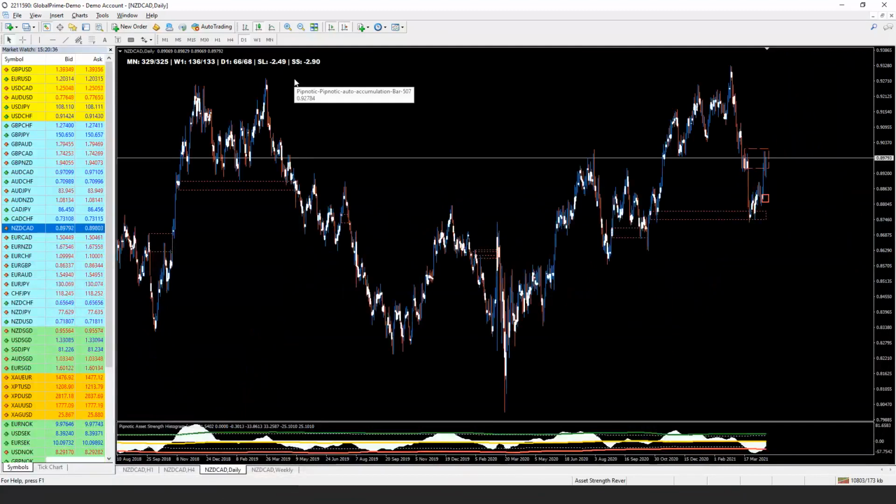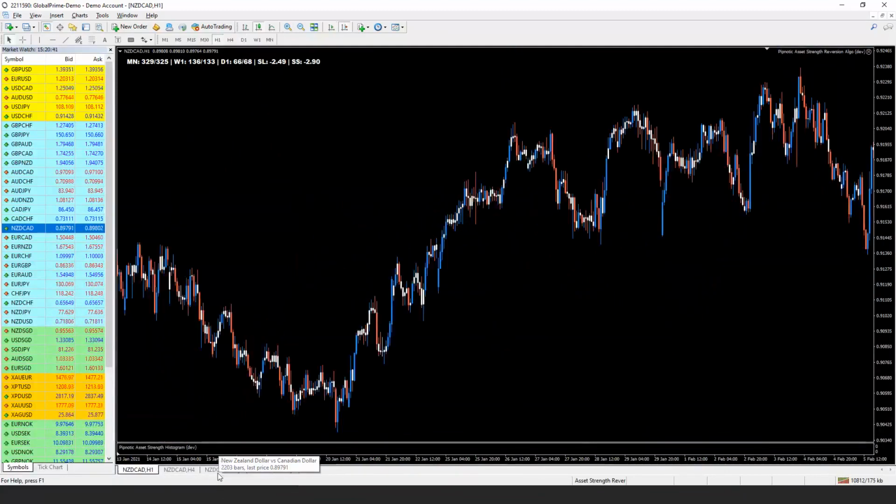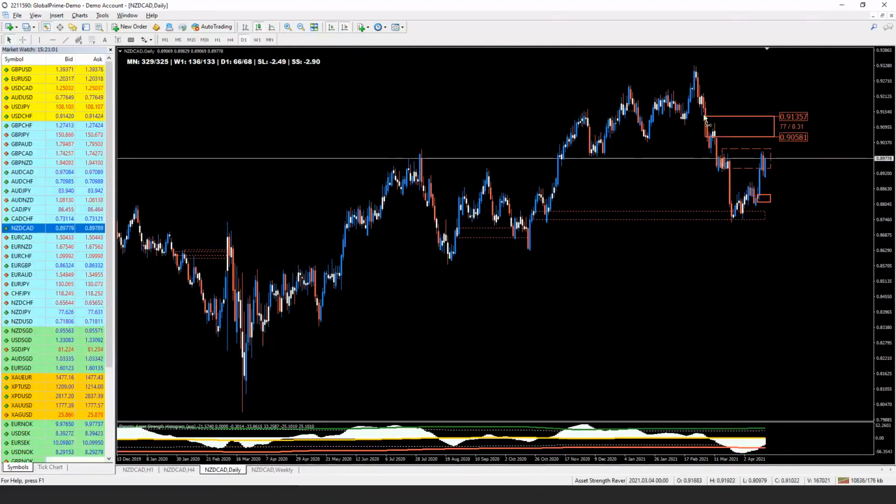and I look for a place to sell. Moving in, okay, let's have a look here. So I'm going to look to sell. You can see the price is poking up into this area of child supply. And this is a child because when this area formed, it almost formed as a result of the existence of this. So I wouldn't sell here, but I would feel more comfortable looking at this area here.